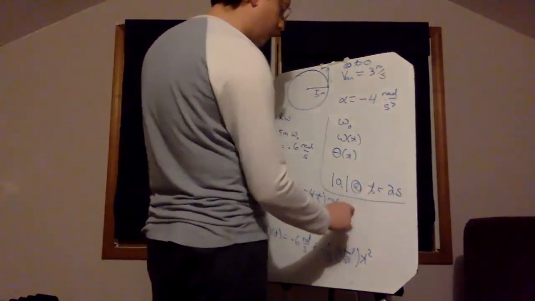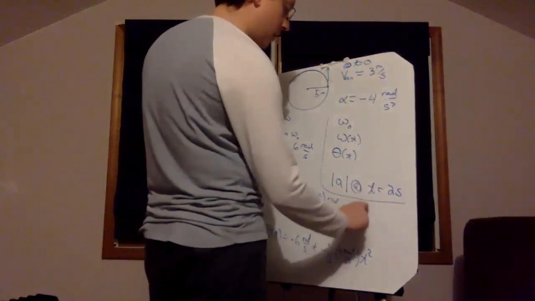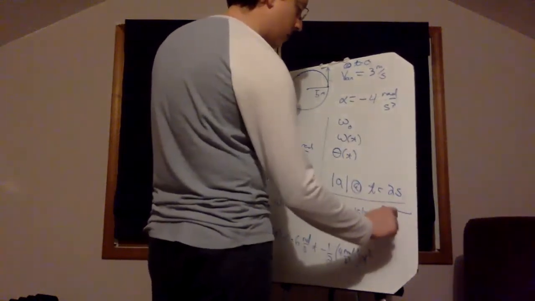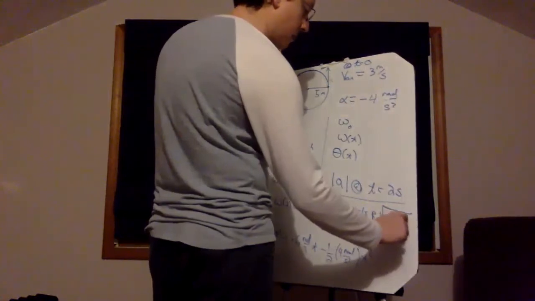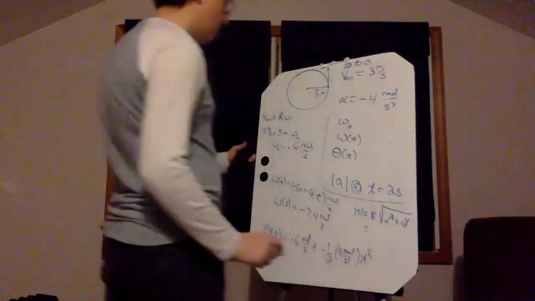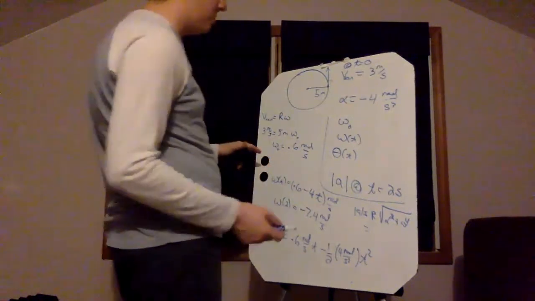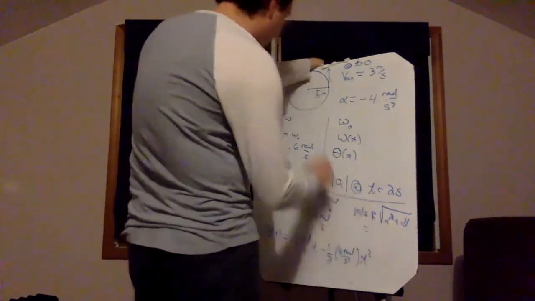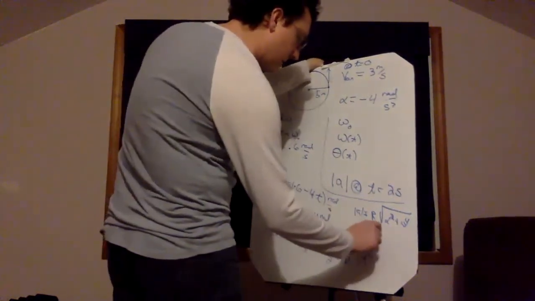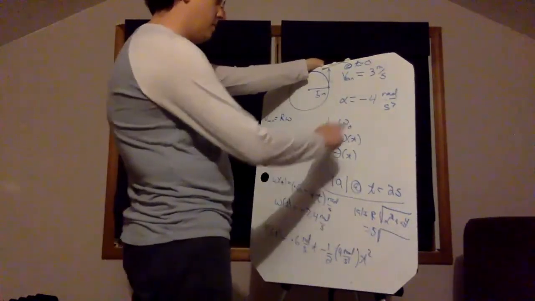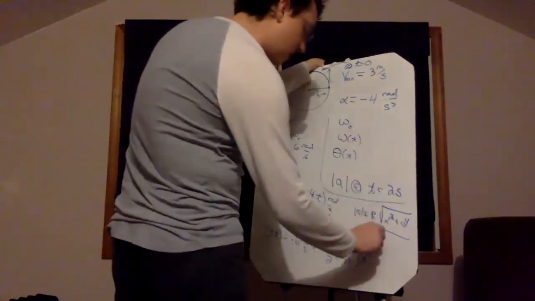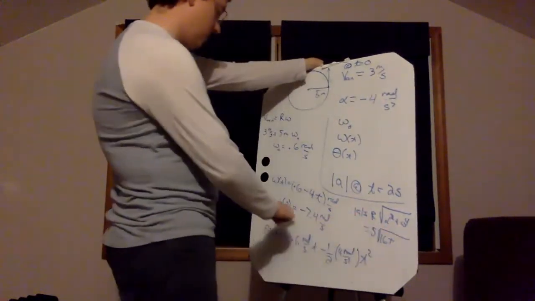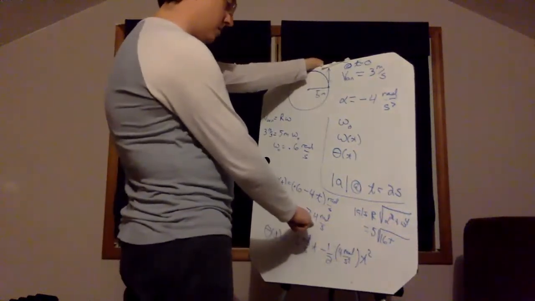And remember, I had that handy formula. The magnitude of A was just going to be R times the square root of alpha squared plus omega to the fourth. Well, at time 2 seconds, alpha is always -4, and R is 5, so that's going to be 5 times the square root of 16 plus 7.4 to the fourth.